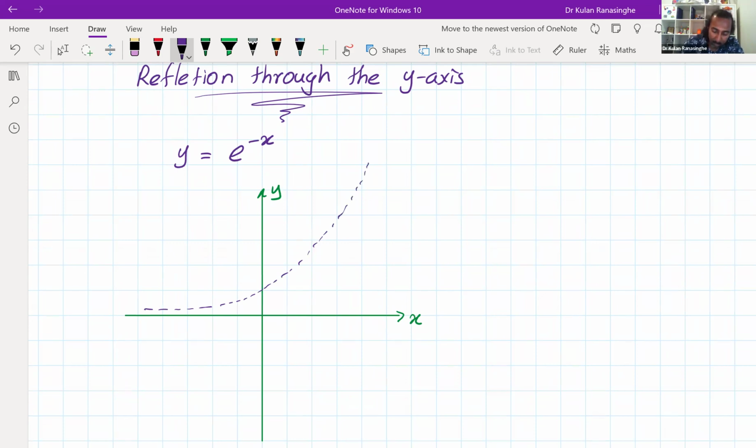And I would have 1 comma e there. Now for that value goes to the left, which means my graph is going to be coming down from the top left to bottom right, getting closer to the x-axis, but it does not cut.